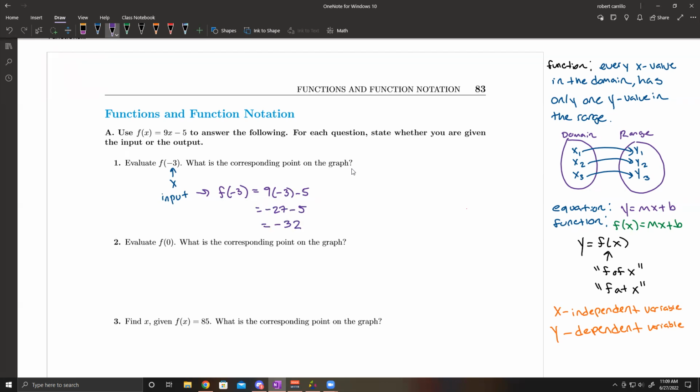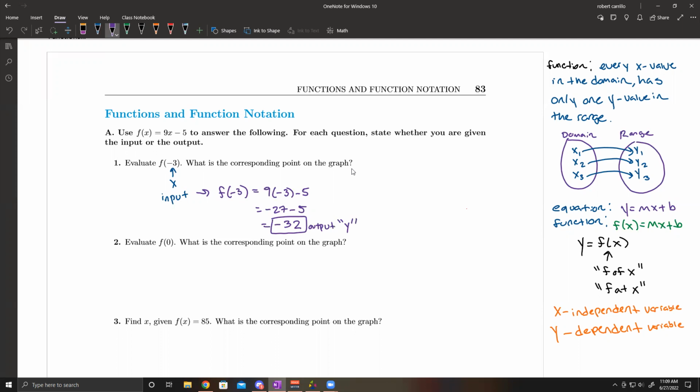Since we put in an input, the answer is an output. So we plug in an x, we get a y. You input an x, it outputs a y. So this is our y value.